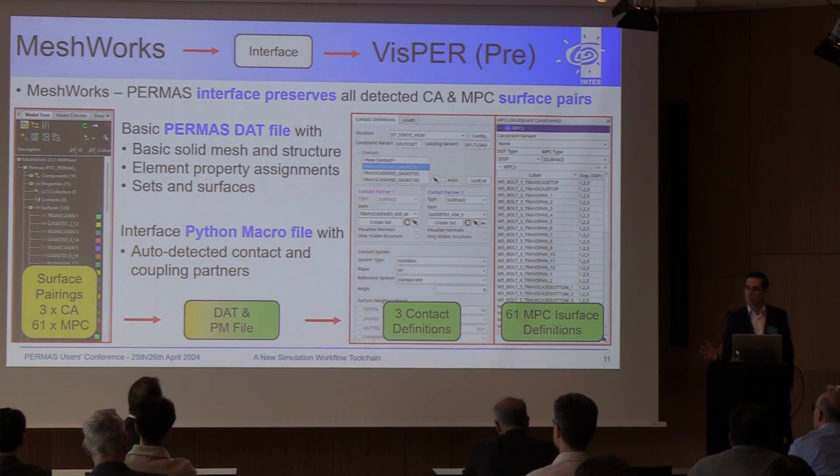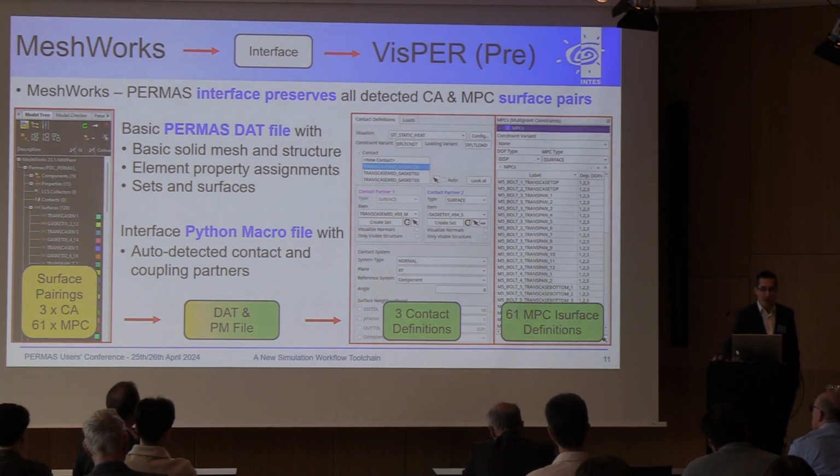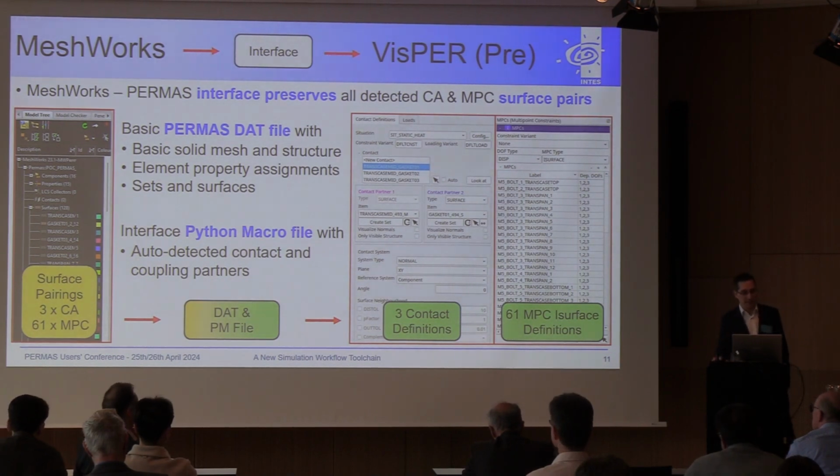And that's all. Further information on how to get the surface pairings as contacts or MPCs for PERMAS is included in a separate Python file. We call it a Python macro file.